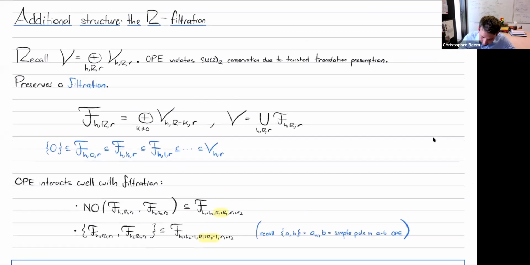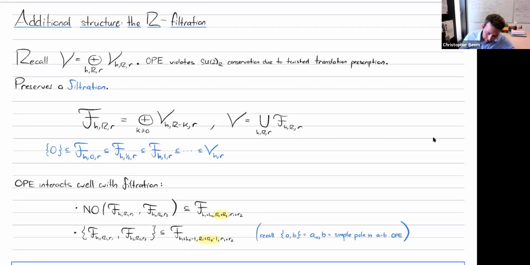So what I get as a consequence of there being this underlying grading, right? My space of Schur operators, I said at the very beginning, is a triply graded vector space. But my OPE doesn't preserve SU2R charge. It's not covariant in any way with respect to SU2R charge.